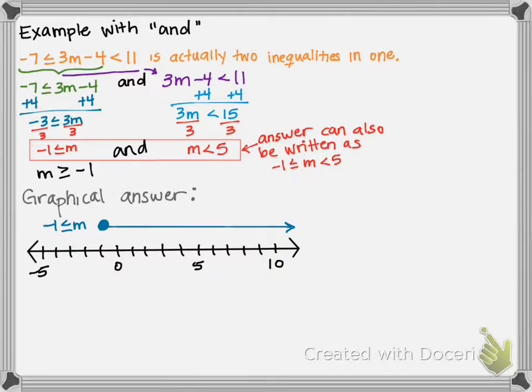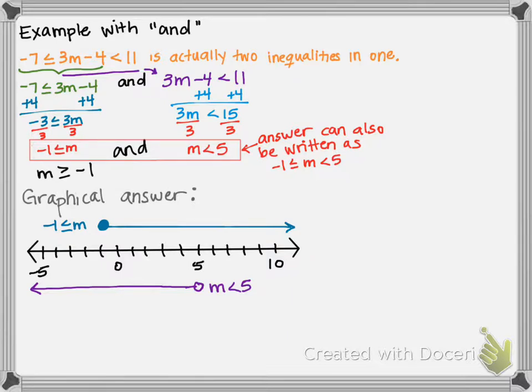Now the second part of our answer, m is less than 5, is shown in purple at the bottom. Notice that this one has an open dot because it doesn't have that equal to dash underneath. It's just less than 5. So the open dot is right at 5. And then the line goes to the left where everything is less than 5.